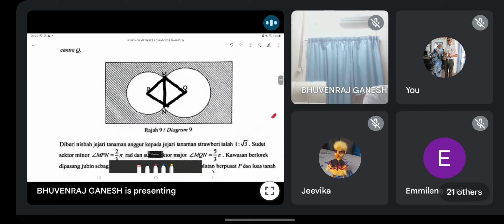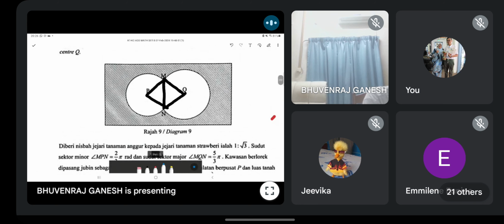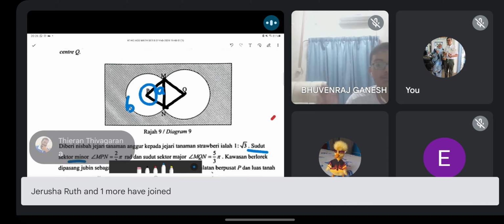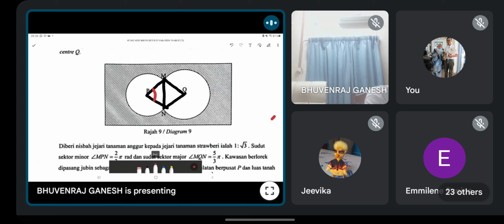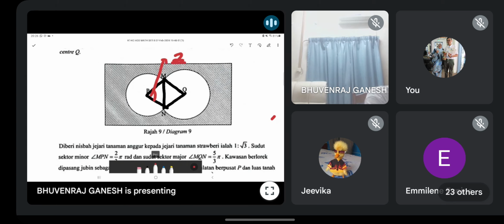And now they tell you that MPN is minor. So minor, guys. Is A minor or B minor? Mana satu? You need to know where A is to label. Yes, very good. A. Jangan silap, if silap means gone. So this one is 2/3 pi.